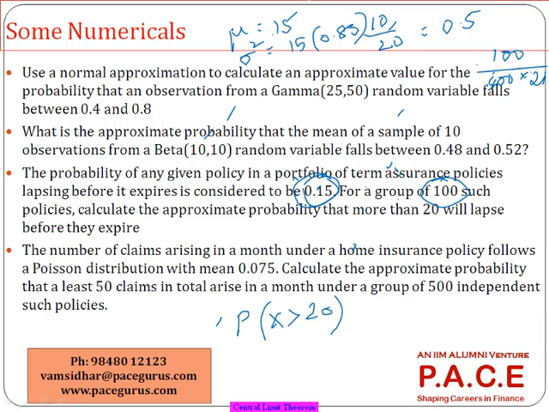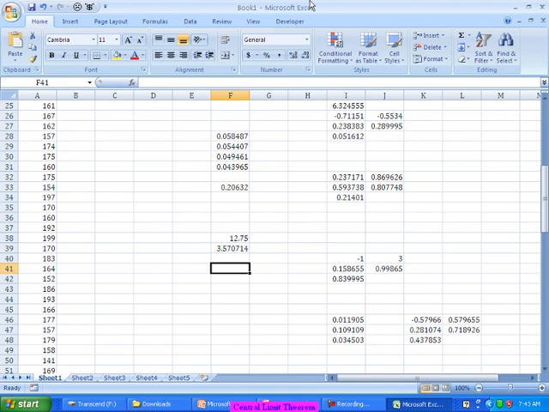So if the question is saying find the probability of x greater than 20, you start with 20.5. So what you are doing, you find out the standard normal value corresponding to 20.5. 20.5 minus the mean, which is 15, divided by the standard deviation, which is 3.57, gives 1.54. In our tables, we get the value less than 1.54.